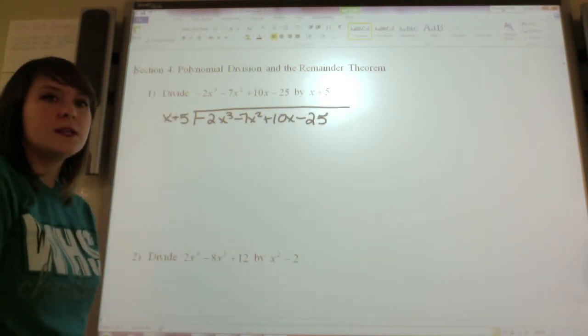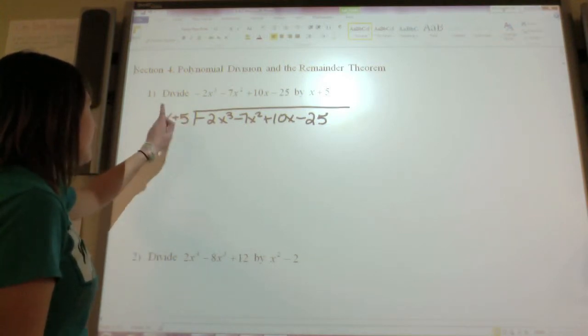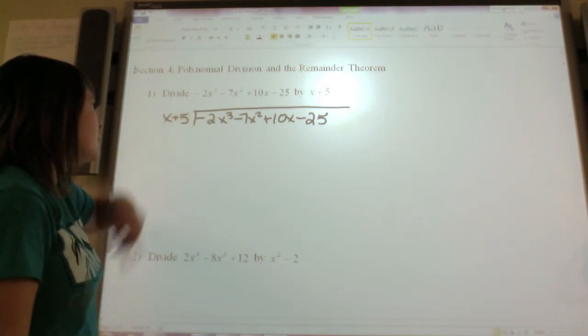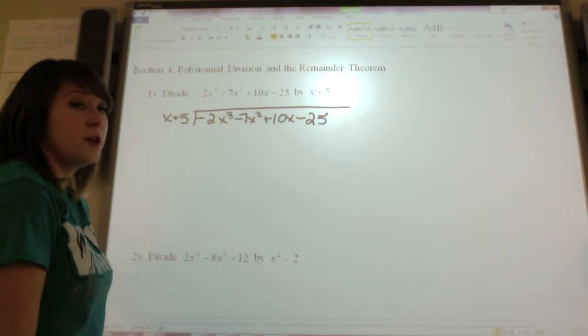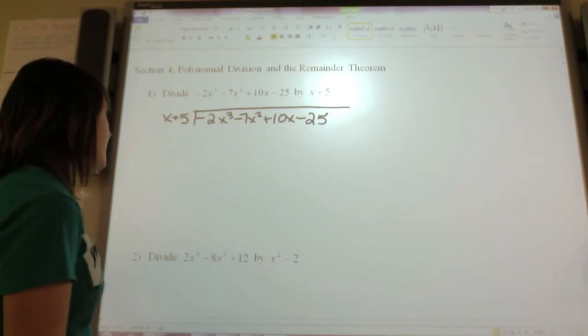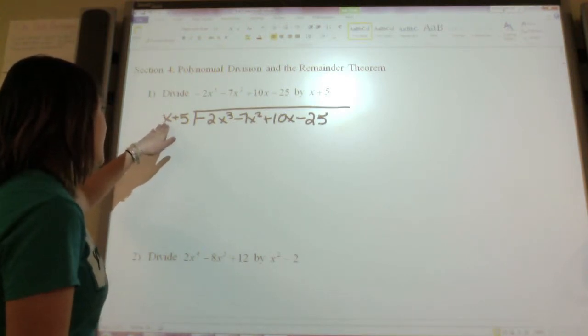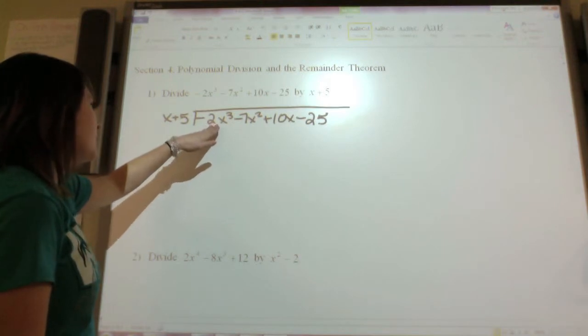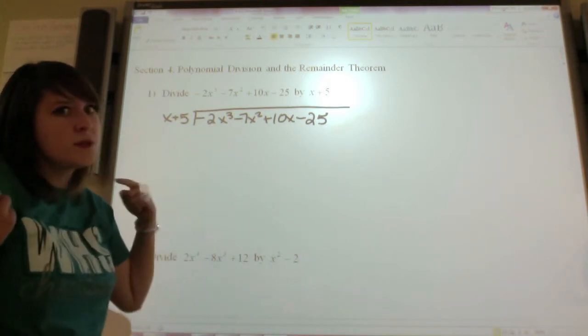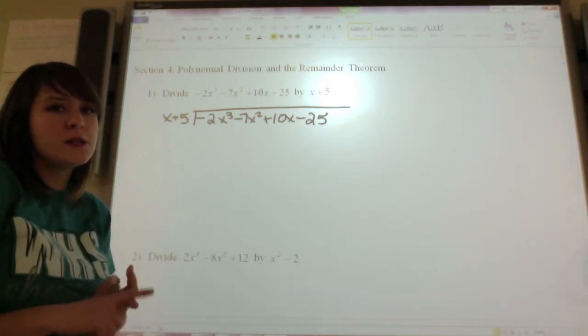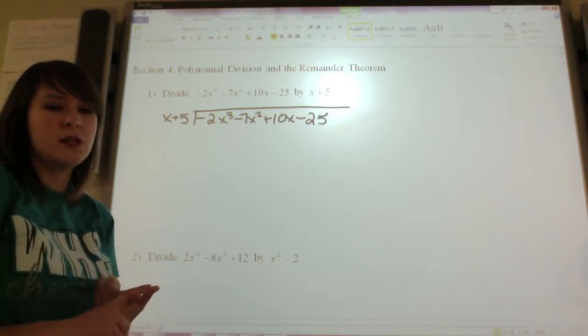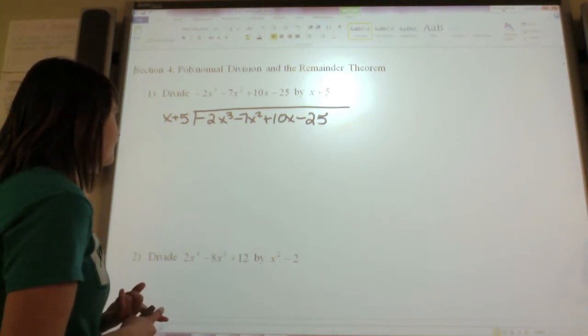Okay, so the first thing I do is I say, can x go into negative 2x cubed? And the answer is yes. So I say, how many times does x go into negative 2x cubed? In other words, what I'm thinking about is, what do I need to multiply x by in order to get negative 2x cubed?